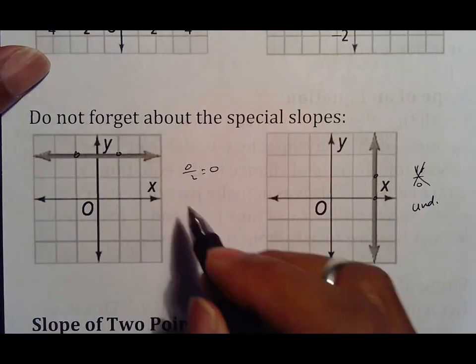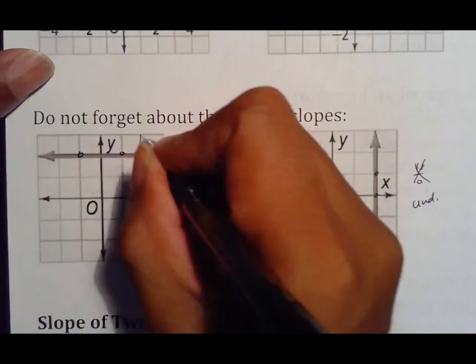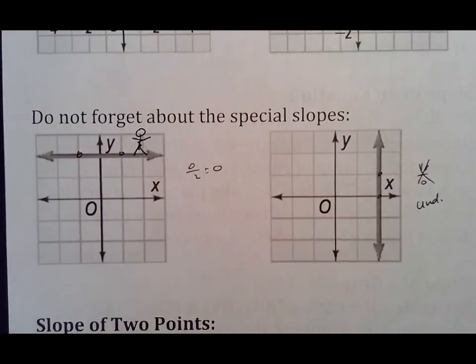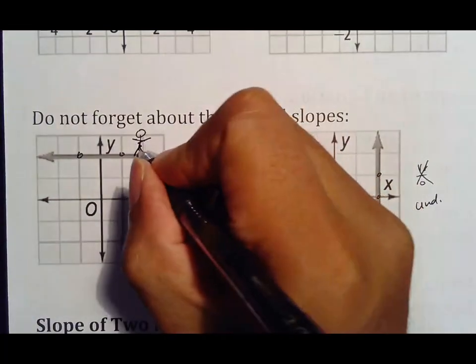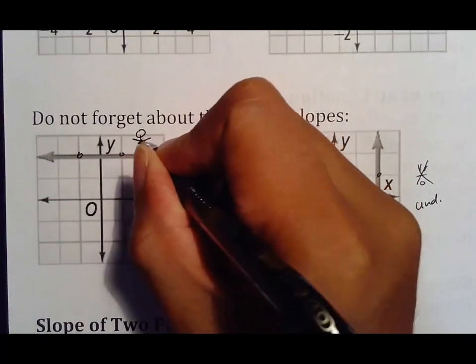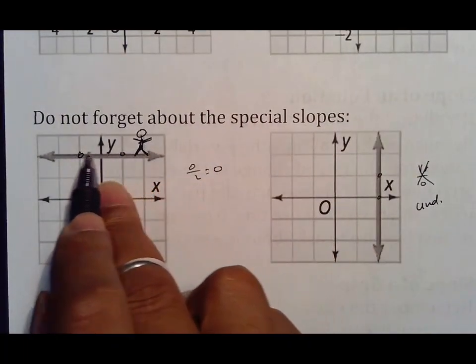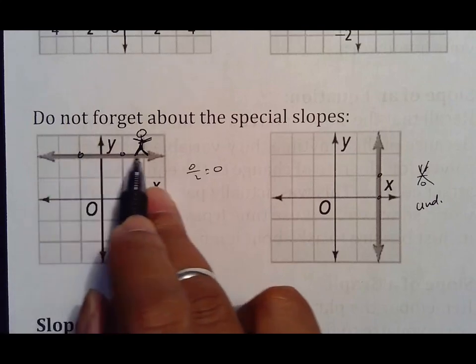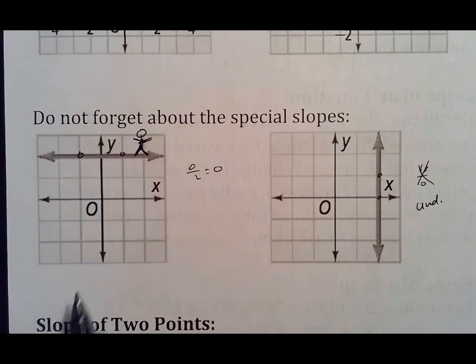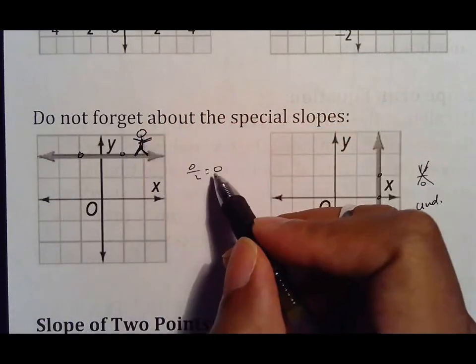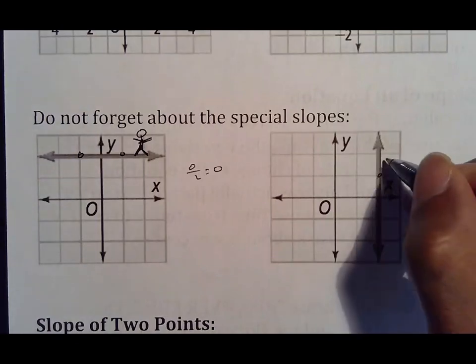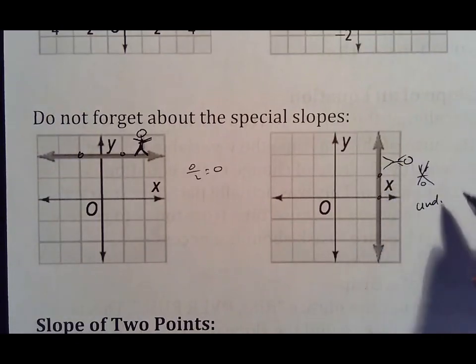But here's the easy way I remember 0 versus undefined. I can stand on this line, I can walk on this line. As I walk on this line, I am not going to raise or lower anything at all. Walking on this is flat. I'm not going to increase my height, I'm not going to lower my height. Also, if I wrote on this line, it's going to go straight forward, so 0. You cannot stand on this line.